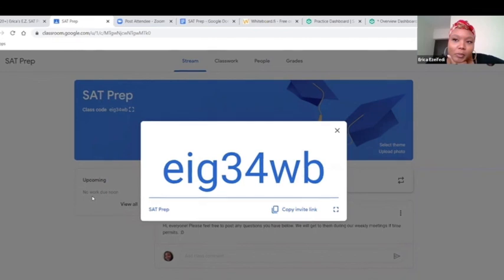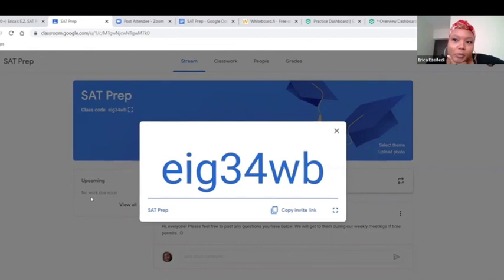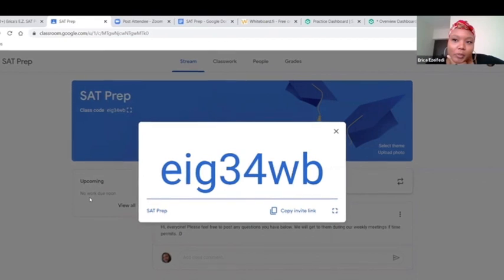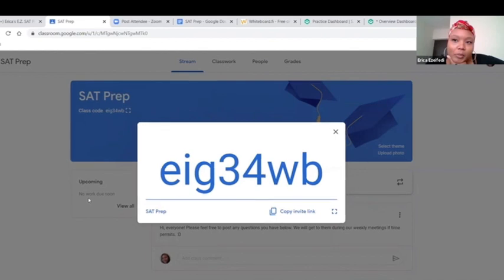Okay, I'm going to share the code for the Google Classroom as well. And I'll probably put my email or this code on the college readiness site as well, in case that doesn't work. So yes, I'll be making sure that we can get to the Khan Academy stuff through Google Classroom.